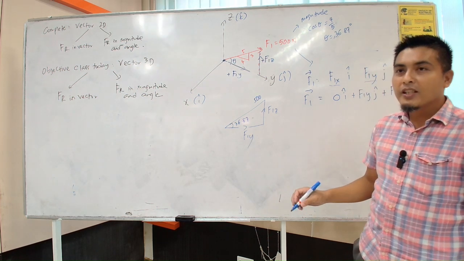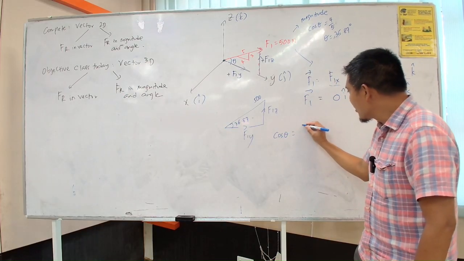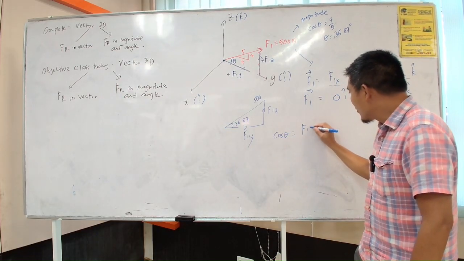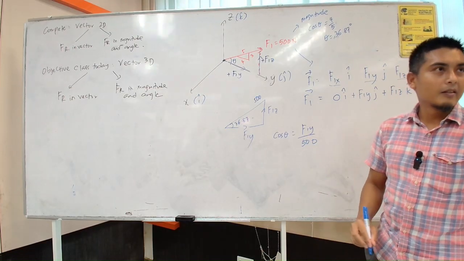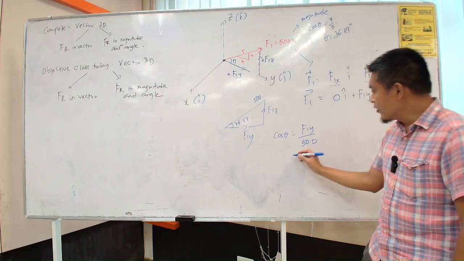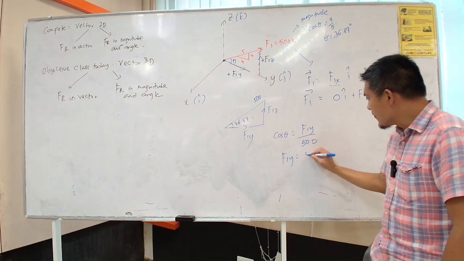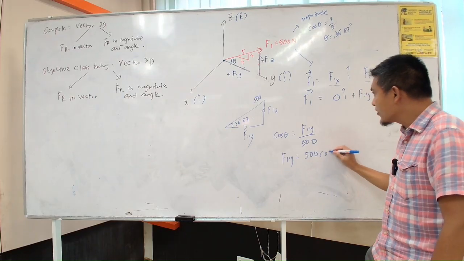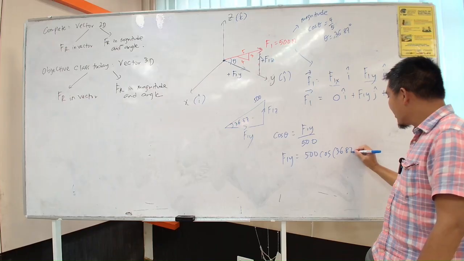F1y, what do you use? Cos theta equal to F1y divided by 500. Okay. So F1y is actually 500 multiplied with the cos of 36.87.